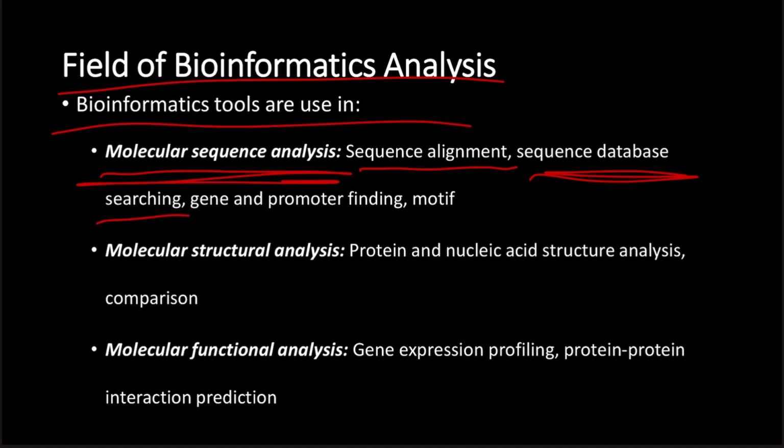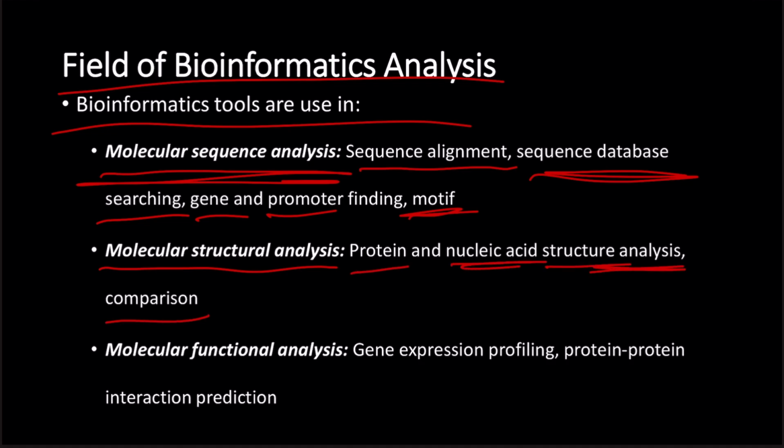Now the next thing is finding the gene and the promoter, and then we can also find the motifs, that is the repetitive sequences which are present in the DNA, and they can alter the function of the genetic material also. Next is molecular structure analysis. Under this we have protein and nucleic acid structure analysis, then comparison of the different protein structures, and with the help of that, classification of the different proteins and the nucleic acids, and finally the prediction of different proteins by the protein models which are already present in the databases.